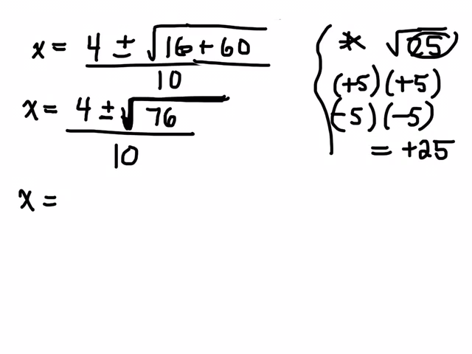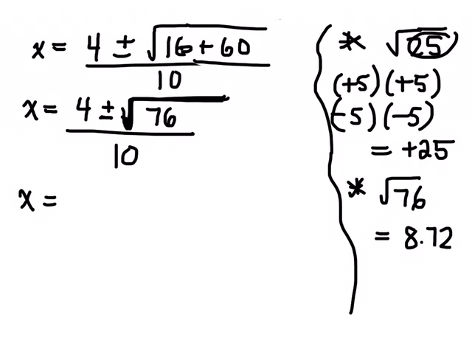So every square root has an answer that can be a positive or a negative, right? So what's the square root of 76? So the square root, I'm just going to put a little side note here again. The square root of 76 is 8.72. So it can be positive 8.72 times 8.72, or it can be negative 8.72 times negative 8.72, right?